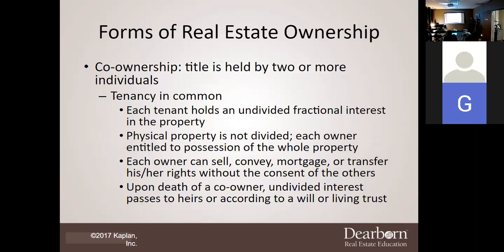Upon the death of the co-owner, the undivided interest will pass to their heirs or according to their will or their living trust. So say that Mr. Keith actually did not have a problem with Mr. Garrett or Mr. Eugene. Mr. Keith just passes away, and Mr. Keith's wife, who ended up hating Mr. Eugene and Mr. Garrett, now gets control of the business.